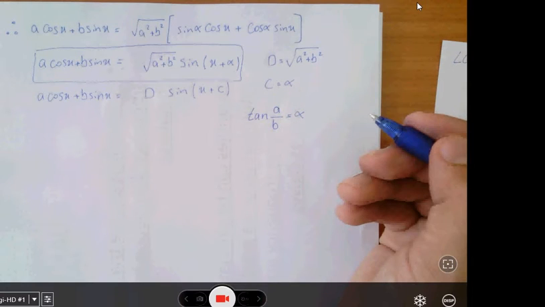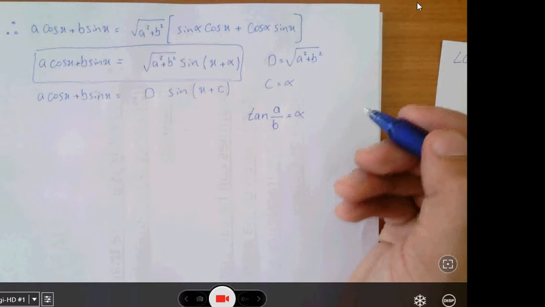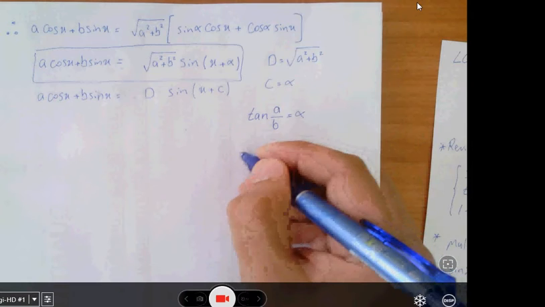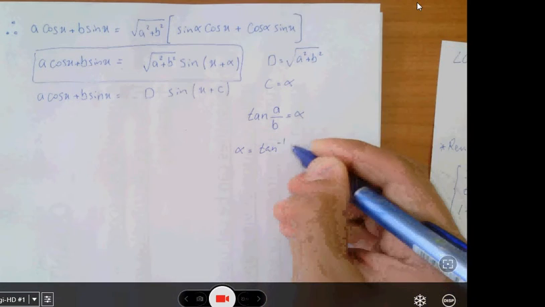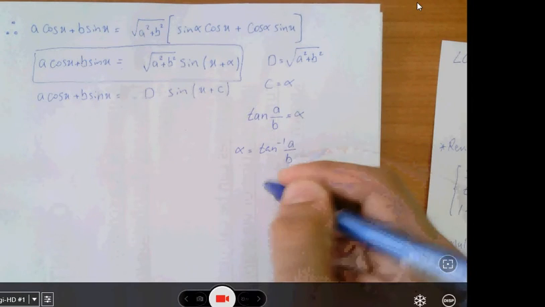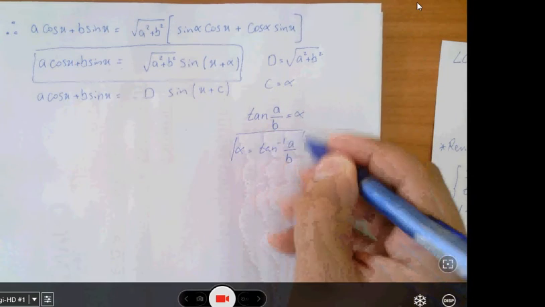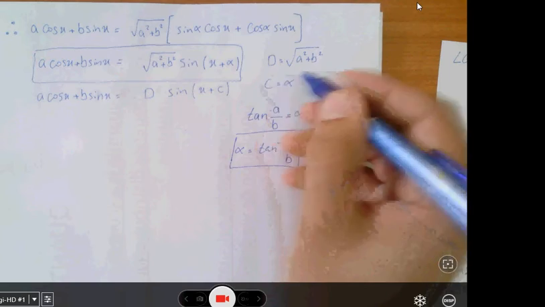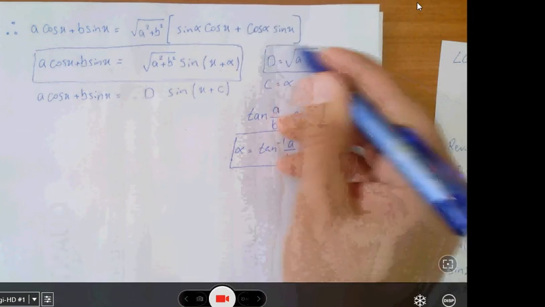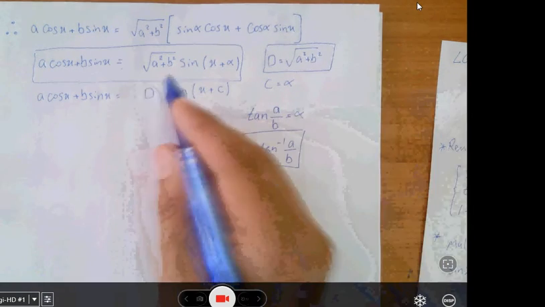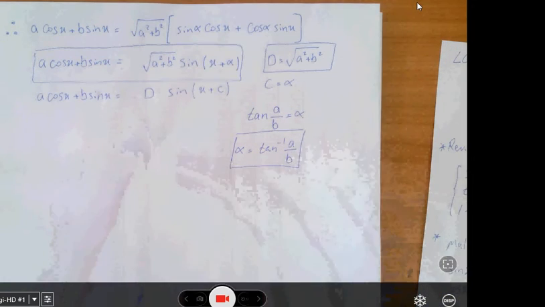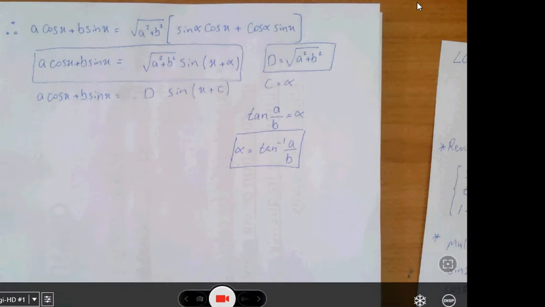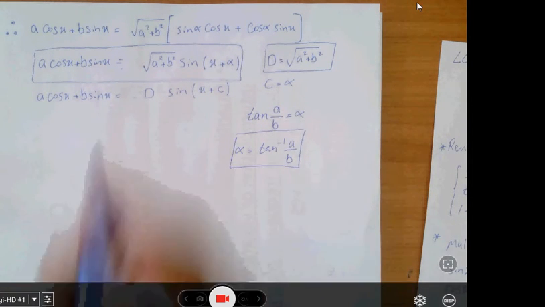Then I can easily find alpha by tan inverse of a over b. There you go. I have these items over here, and everything could be translated into this little double angle formula, right? So that's one of them.